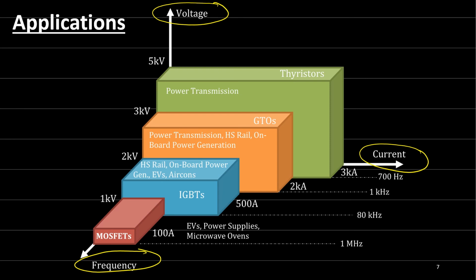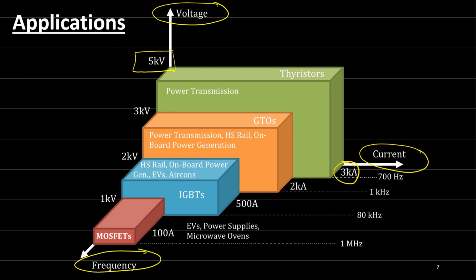For example, if we talk about thyristors, thyristors are devices used in power electronic systems, and they can tolerate high voltage, can reach 5 kilovolts, for example. At the same time, they can tolerate high current, values such as 3000 amperes, okay?